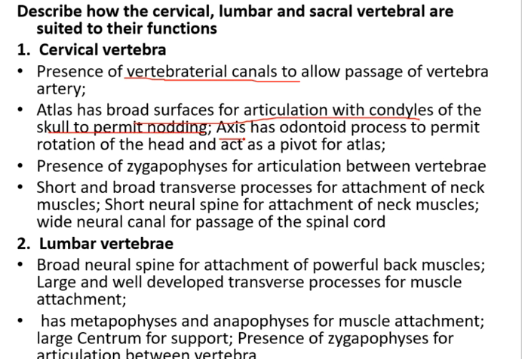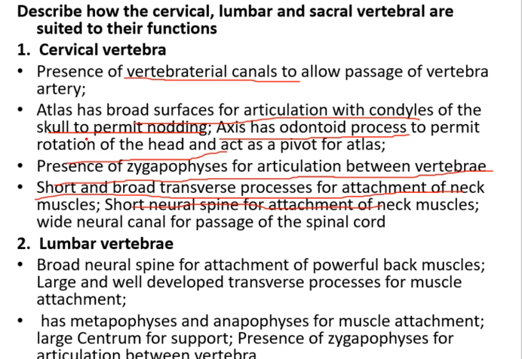Then the axis has an odontoid process to permit rotational movement of the head and act as a pivot for the atlas. Then presence of zygapophyses for articulation between vertebrae. Then short and broad transverse processes for attachment of neck muscles. Then short neural spine for attachment of neck muscles. Wide neural canal for passage of the spinal cord.